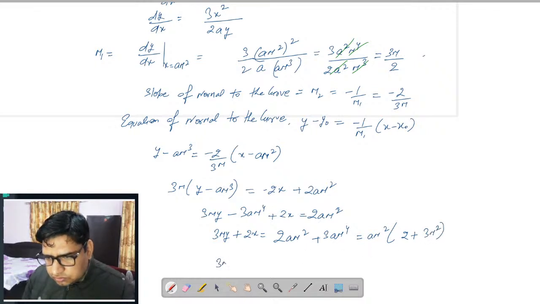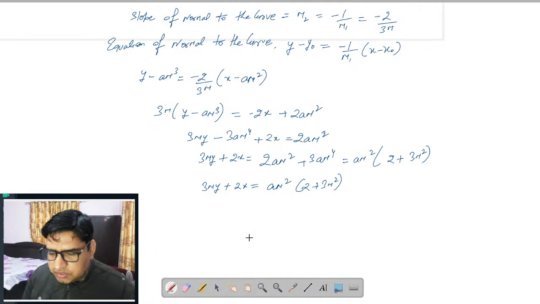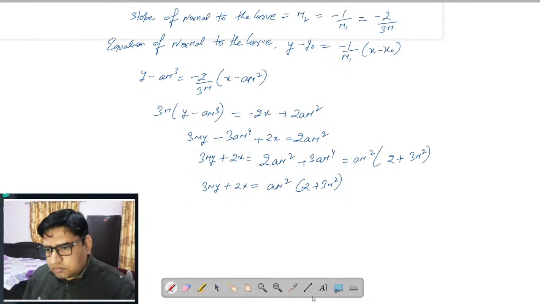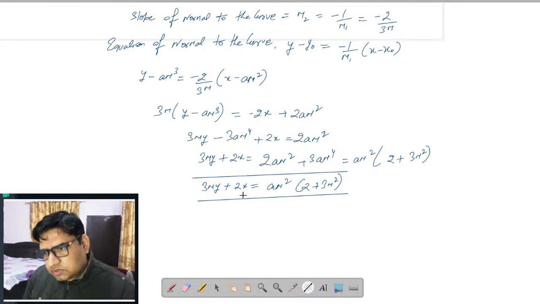So 3my plus 2x is equal to am square (2 plus 3m square). That is the required answer.